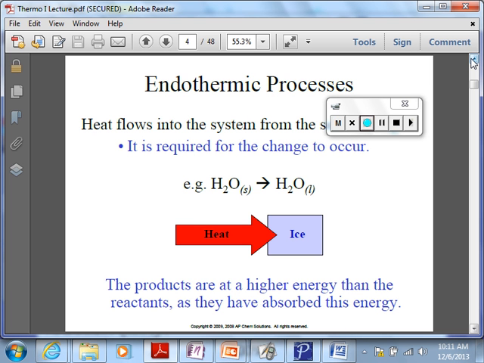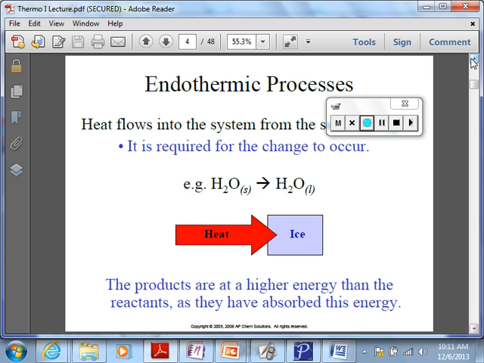So you have to put heat into ice to make it melt. So you have to take heat from the surroundings and put it into the system. That makes sense? Okay. So this is an example of an endothermic process. Heat going into the system from the surroundings.